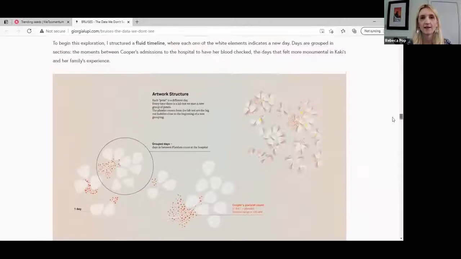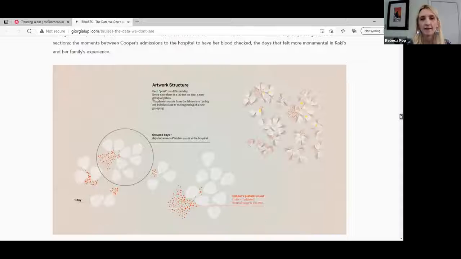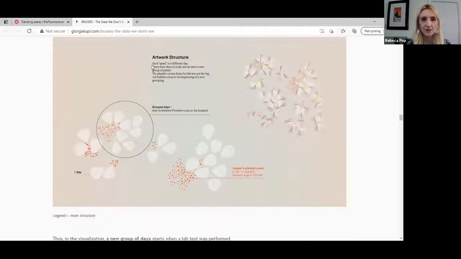So it starts here, and you see it's not called the legend as we would call it with a regular graph. It's called artwork structure. So it's closer to art. And each petal is a different day. So you can literally count the number of petals, and that means the number of days. Then every time there was a lab test, a new group of petals starts.